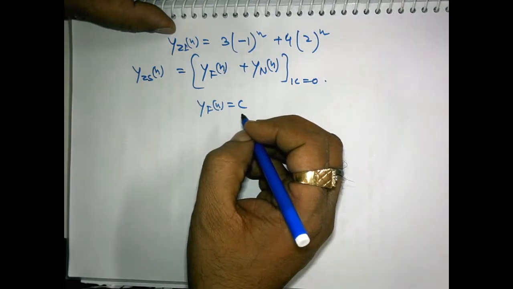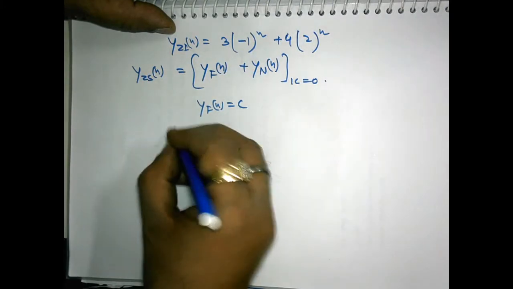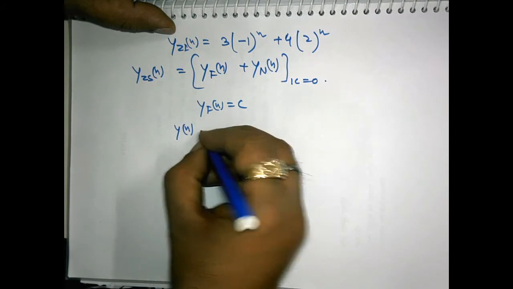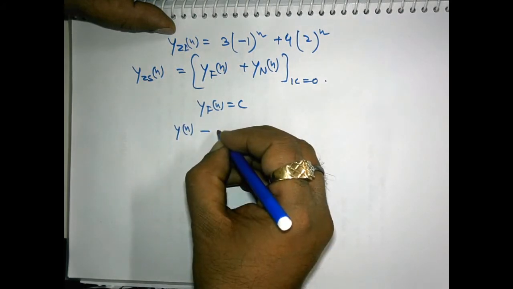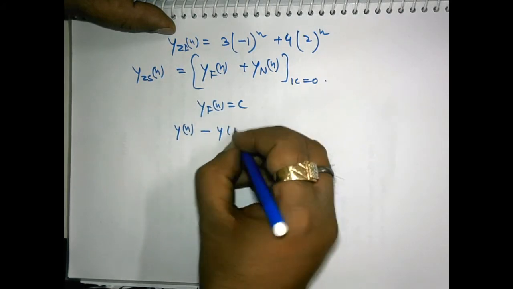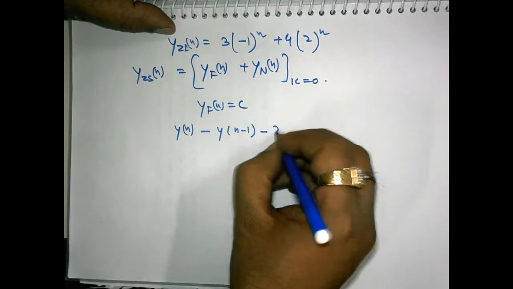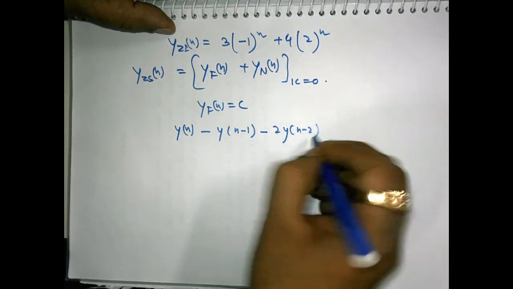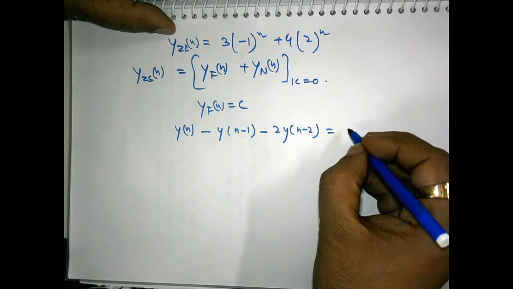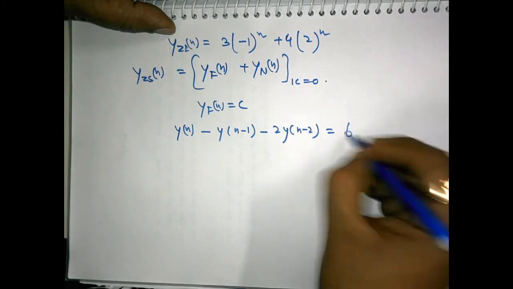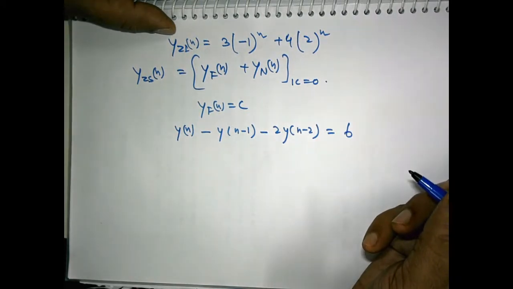What is the difference equation? y(n) - y(n-1) - 2y(n-2) = the given input, and the given input is 6u(n), meaning 6 for n greater than or equal to 0.